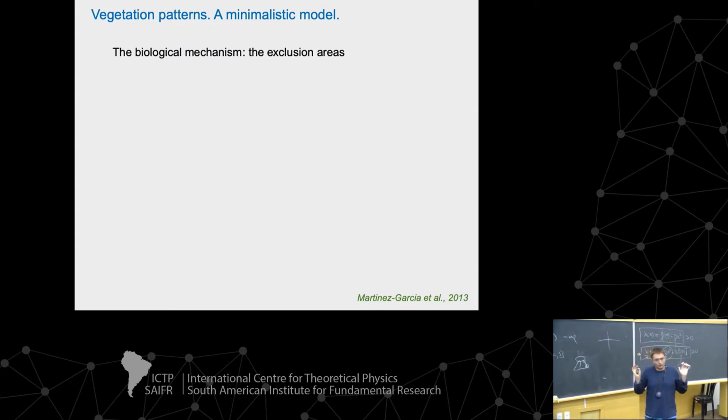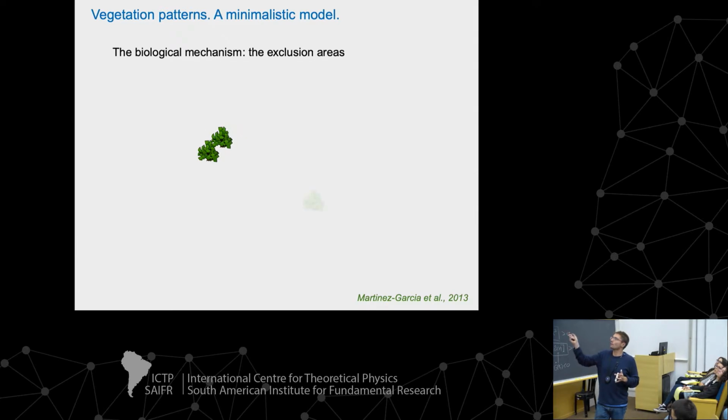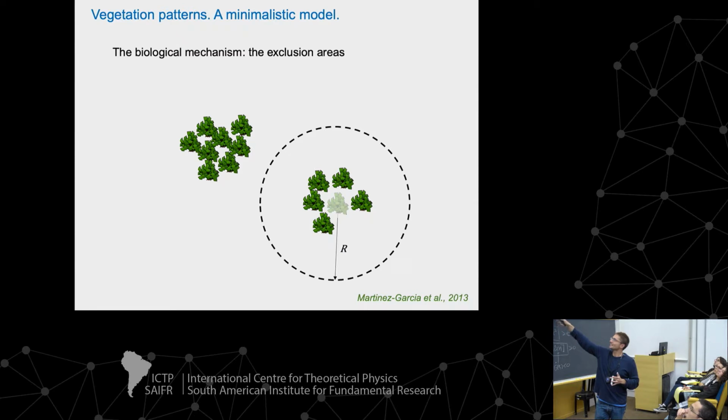I'm just going to give you the idea in case you are curious. What is happening is that when we have our plants growing in different places in space, at some point we will have a plant that is going to try to grow in a place where it's surrounded by a lot of plants. And this R is basically the range of the interaction that this plant has with the neighbors.